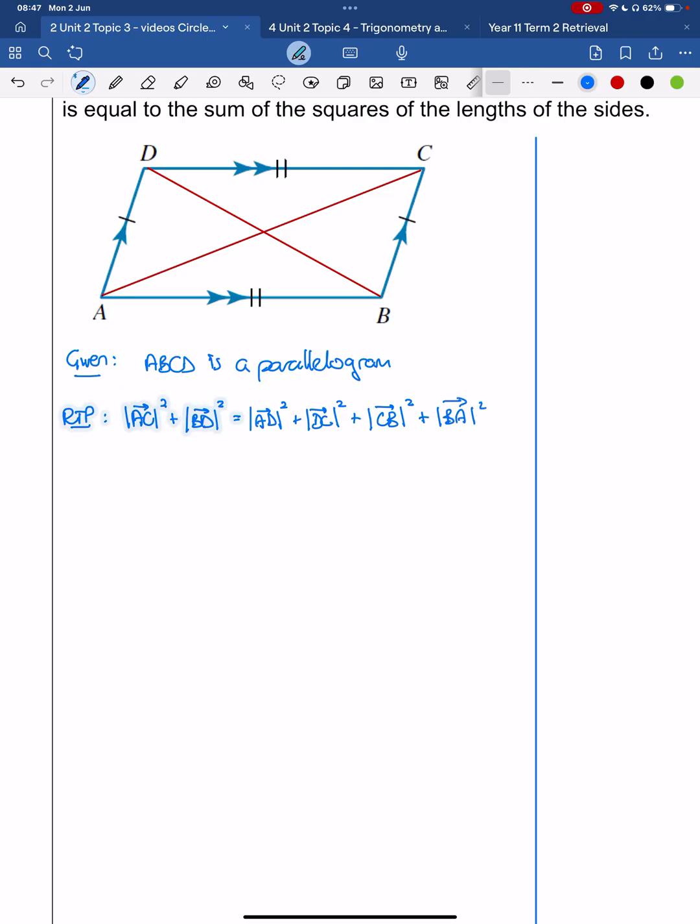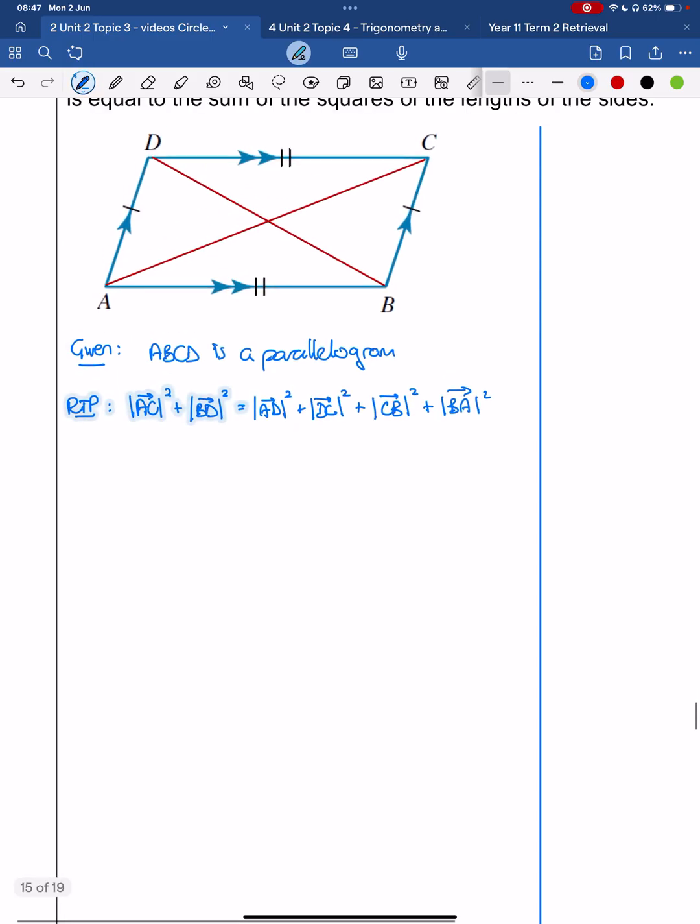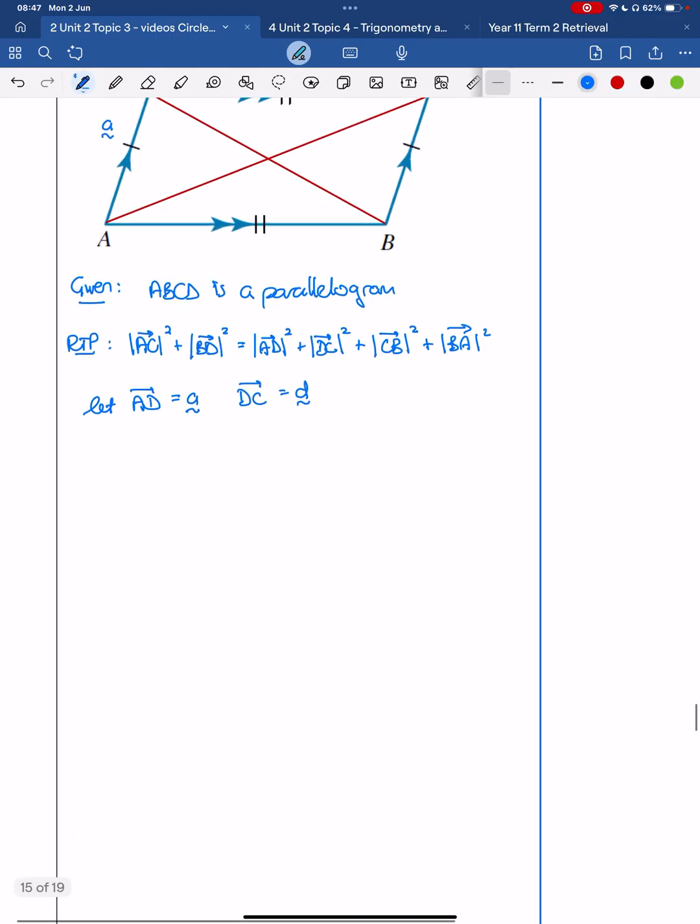So that's all of my sides. For ease of use, I'm just going to let AD be a and let DC be d. And I can say, okay, let's have our proof going here.